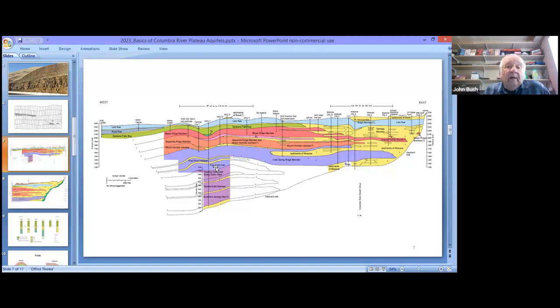Now, I will say that maybe that rule of thumb isn't consistent across the whole plateau. Talking to Dale Ralston recently, in a short discussion, he's supervising pump tests in Lewiston, and he says that they're down 2,000 feet, and the interflow zones there are producing a lot of water, and they seem to be controlled from one place to another.